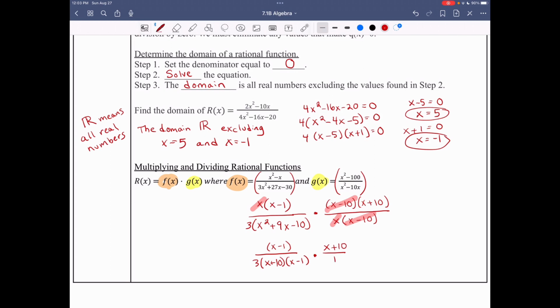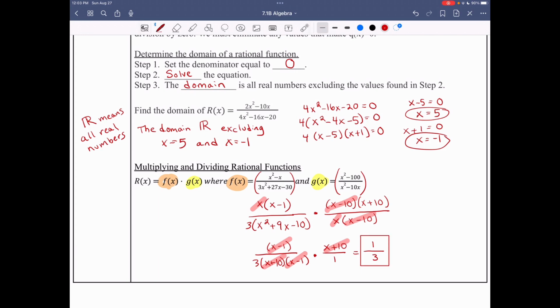I'm just going to place a placeholder of 1. We're not going to need it later, but this x plus 10 cancels, this x plus 10 cancels, this x minus 1 and x minus 1 cancel. So now in the denominator, I just have 3 times 1, but I have nothing on the top, so I'm going to put a 1 placeholder. And that is pretty cool because it simplified very nicely.